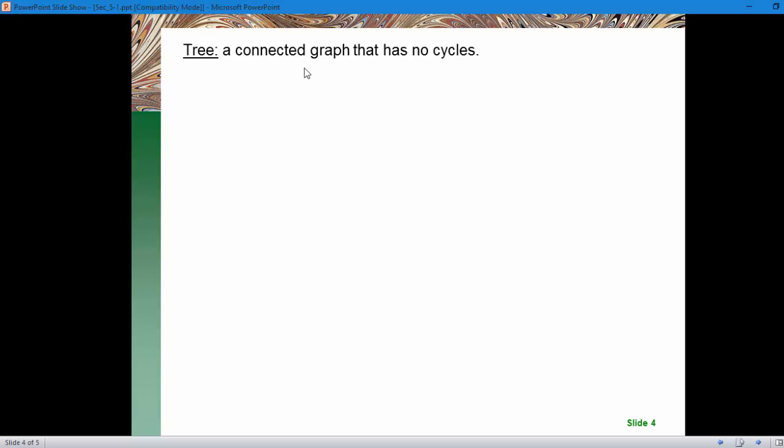Now, the 2 properties are that this graph has to be connected. In other words, you should be able to have a path between any 2 vertices in the graph. And the other property is that this graph doesn't have any cycles. If you have a graph that is connected and has no cycles, then that's called a tree.